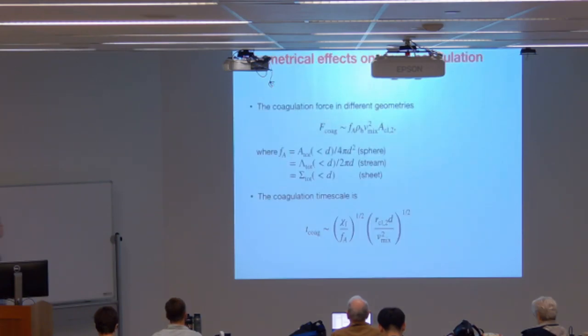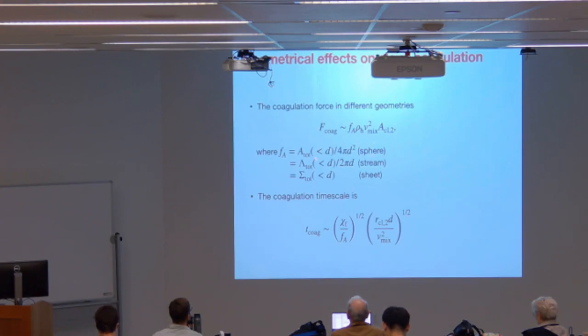So why is that? This requires us to study the coagulation force in different geometries. We found that the geometrical effect is controlled by one parameter called SA, which changes in different geometries.